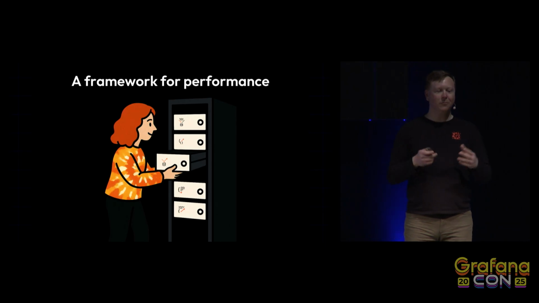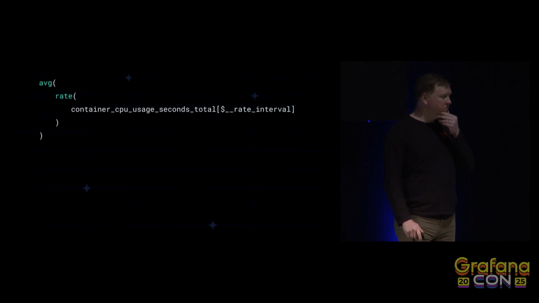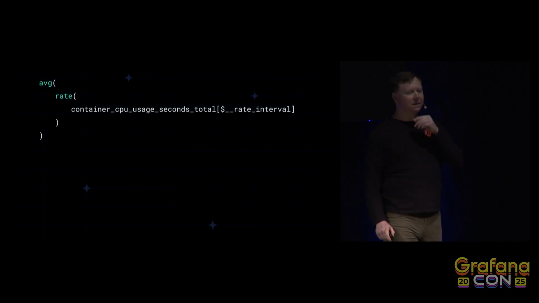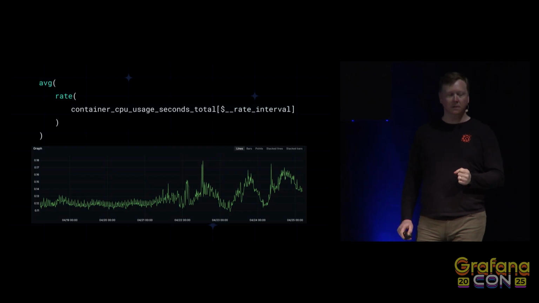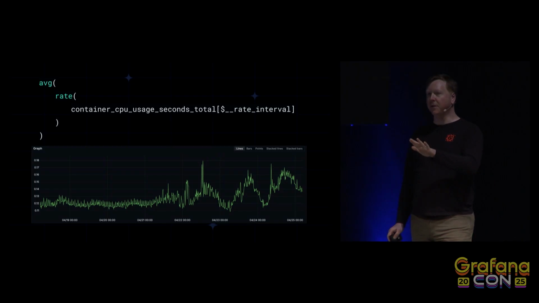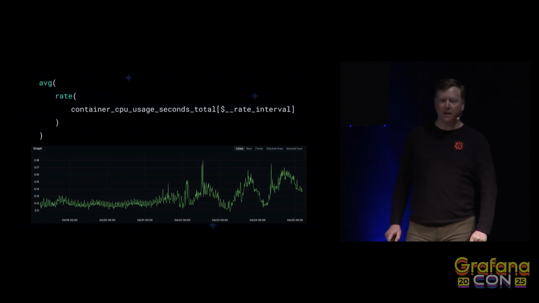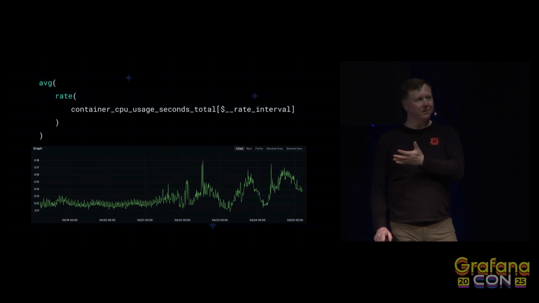So if we return to our resource hog query that I showed you before, we'll be more likely to get a result like this instead of the scary error that we saw before. Okay, so as we've enabled the Mimir query engine at Grafana Labs, I have some results to show you about that.